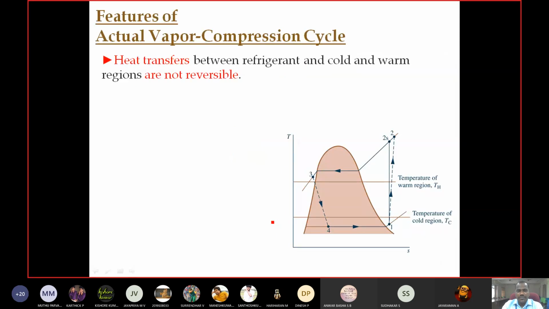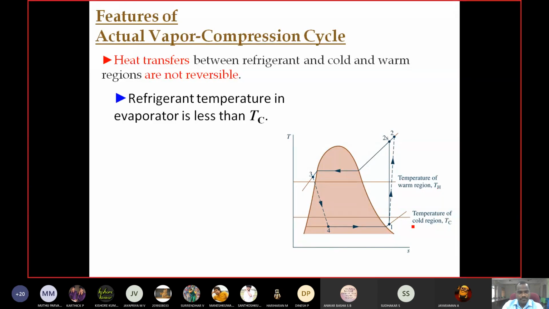Then these are the features of the actual vapor compression cycle. The heat transfer between refrigerant and cold and warm regions is not reversible, which we know very well. So the temperature of the warm region is above, and the temperature of the cold region will be below, and this won't be reversible.